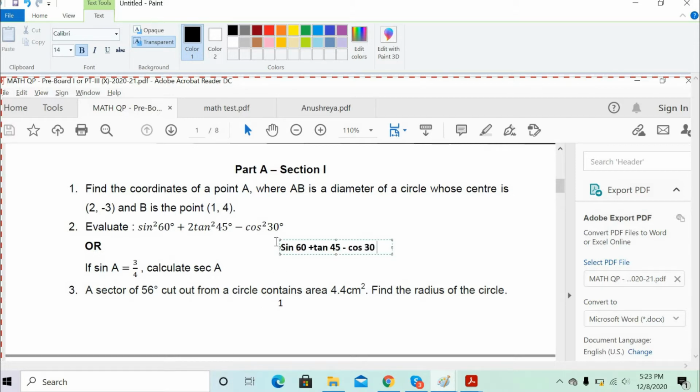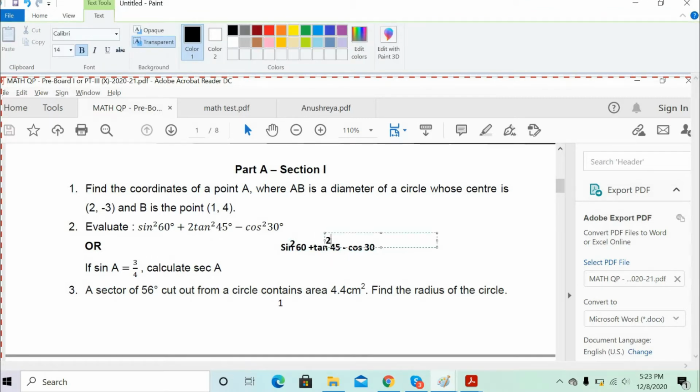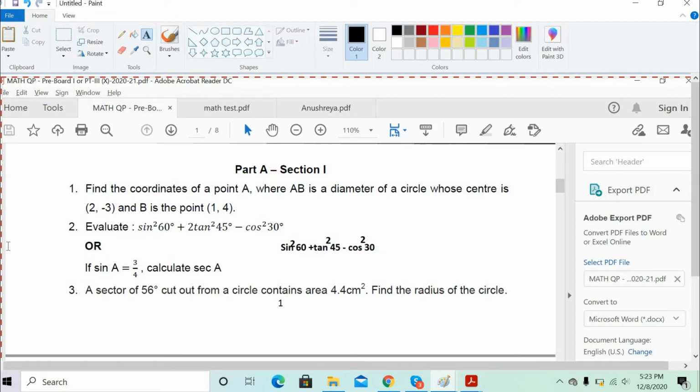So let's say I put the square on all the places, and when I do that, I forgot to put this 2. Can you see that? This 2 I completely forgot to put. So this is called the data copying mistake.